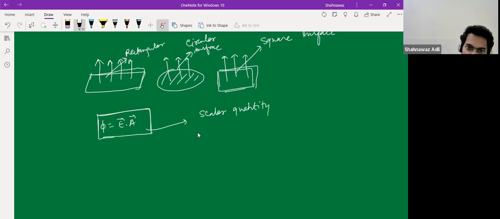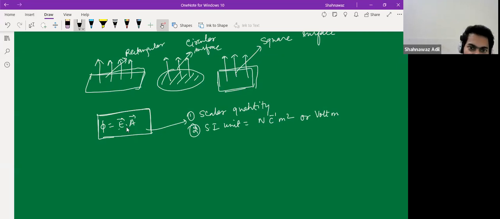And secondly, its unit is how much? So this electric field is Newton per coulomb, and this is meter square. So the SI unit is Newton per coulomb meter square. And we can also write it as volt meter. Okay. So these are the SI units of electric flux.